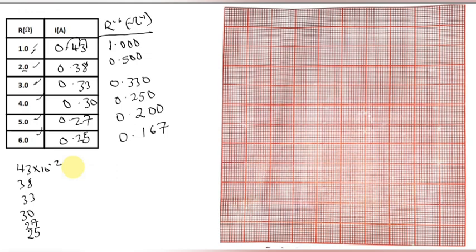Now the next thing I have to do is to check the values I'm going to put on the horizontal axis. Now you can see that the highest value is 1 and the least value is 0. So I need to count this way and see if I can get from 0 to 1. I can fit all of this.